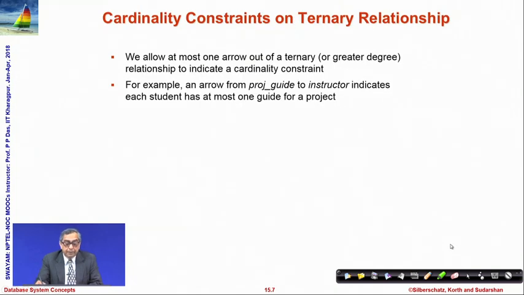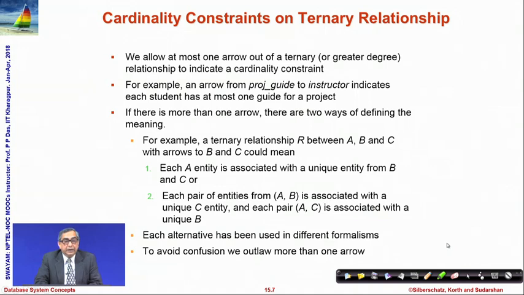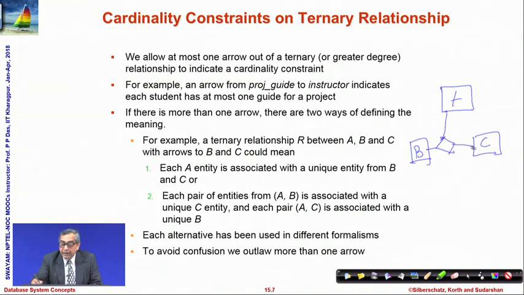For example, suppose we have a ternary relationship between A, B and C, and we have more than one arrow, say an arrow to B and an arrow to C. The question is how we should interpret that.